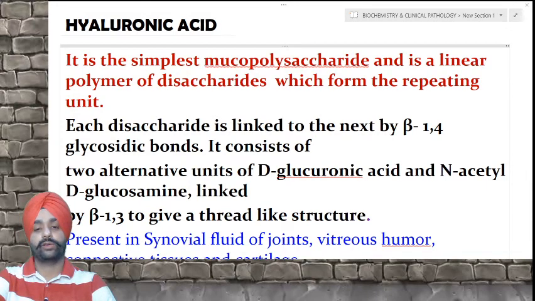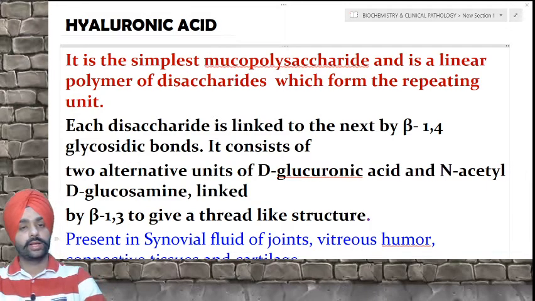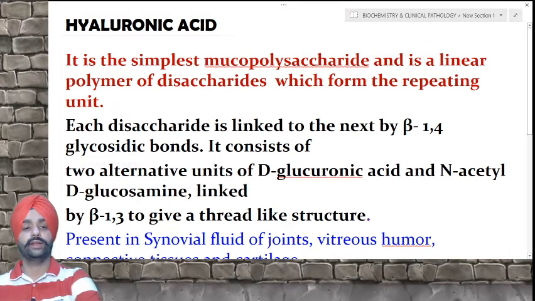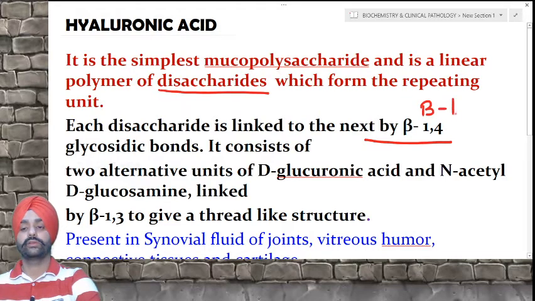Another example of a heteropolysaccharide is hyaluronic acid. It is the simplest mucopolysaccharide, a linear polymer of disaccharides. Each disaccharide is linked to the next by a beta 1,4 linkage.